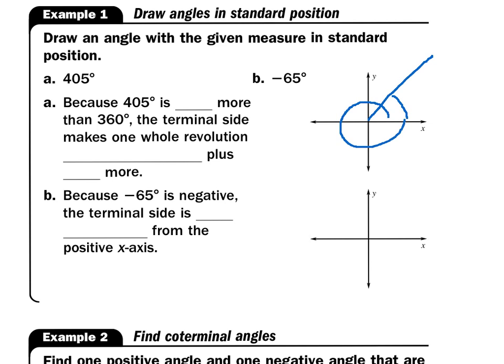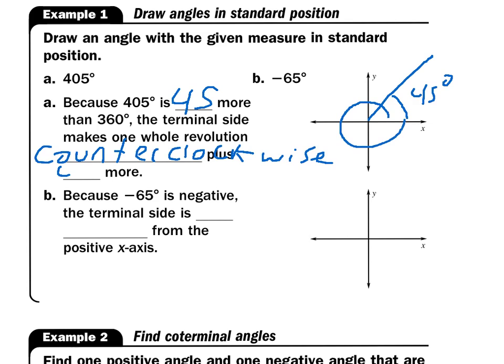So there's 405 degrees. All right? So we have 45 degrees. The terminal side makes one whole revolution counterclockwise, and 45 degrees more.